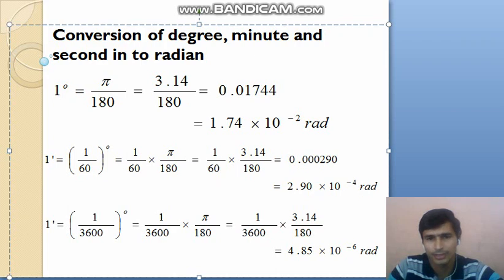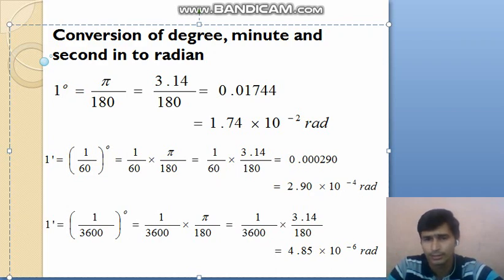Again 1 second is first converted into degree. 1 second is equal to 1 by 3600 degree. Multiply by pi by 180, you get 1 by 3600 into pi by 180, which is equal to 1 divided by 3600 into 3.14 by 180, placing pi as 3.14.